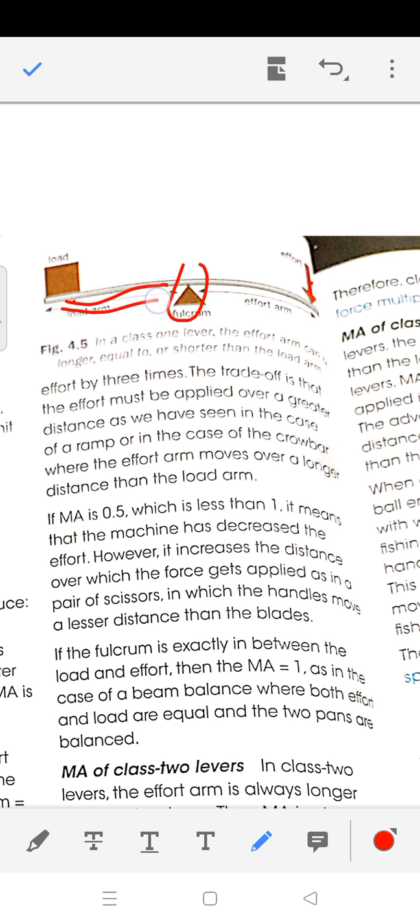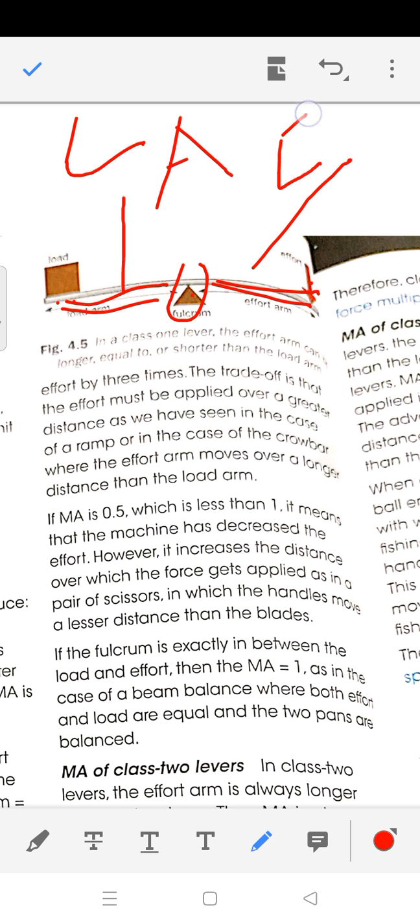So the distance between fulcrum and load is called the load arm. And this distance is called the effort arm. Okay, load arm and effort arm.